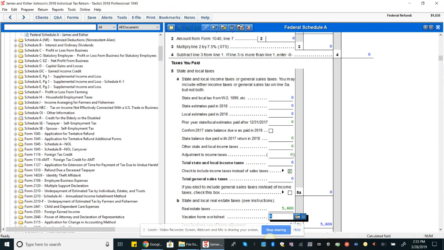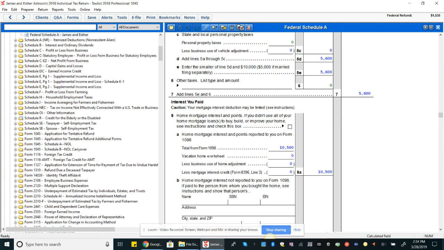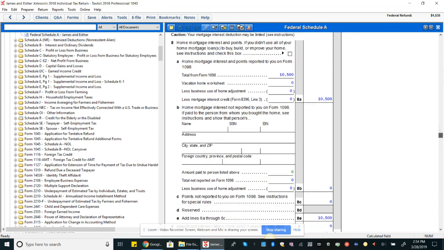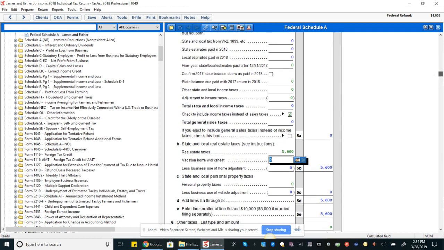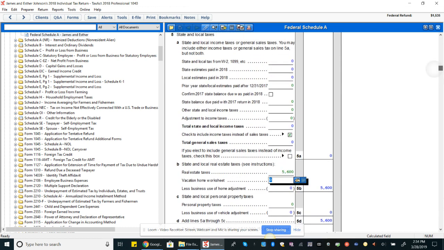Personal property taxes. So this is things like vehicle registration fees or registering a boat. Which should be right here. State and local real estate taxes, state and local personal property taxes.